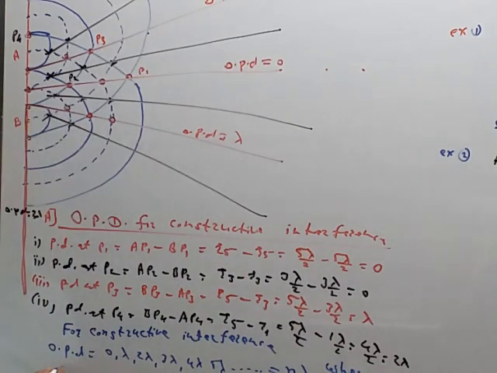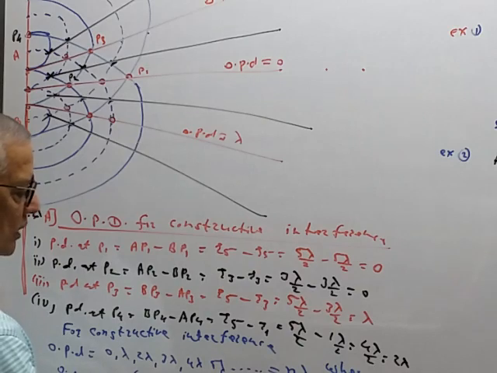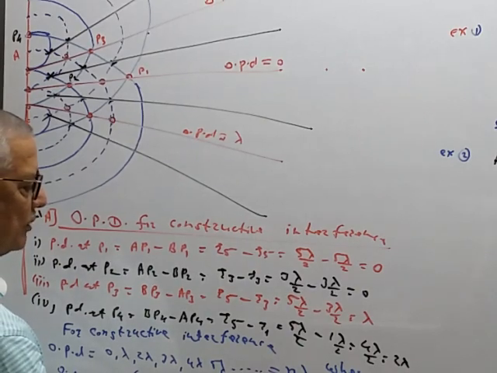Or optical path difference is equal to n lambda, or 2n times lambda by 2. So this 2n is always an even number. So this is equal to an even multiple of, we are expressing the value in terms of lambda by 2, an even multiple of half a wavelength.